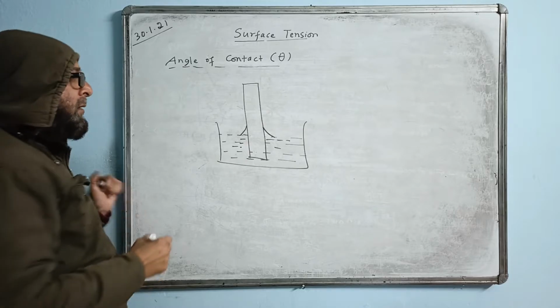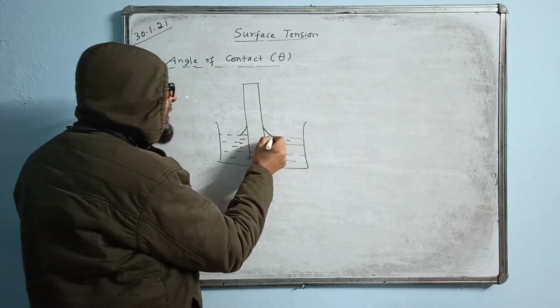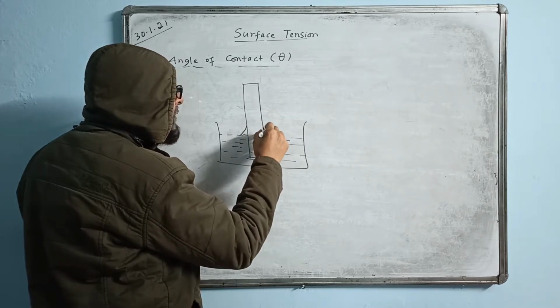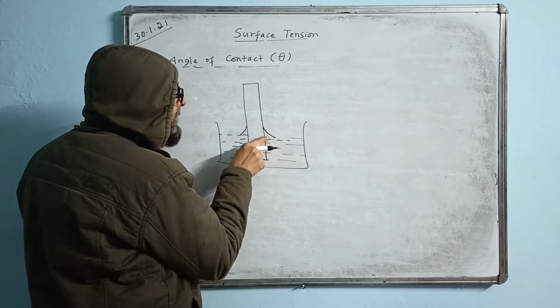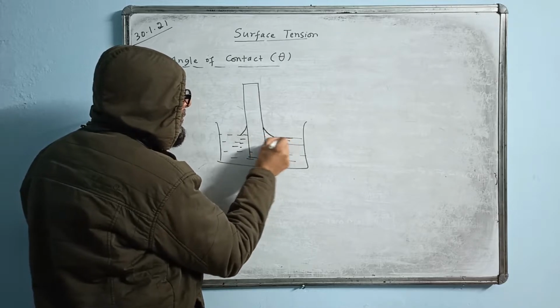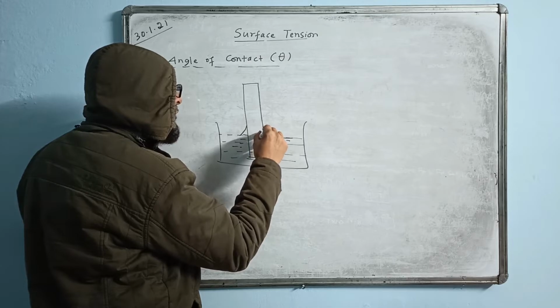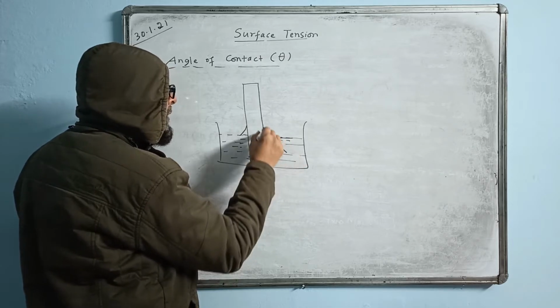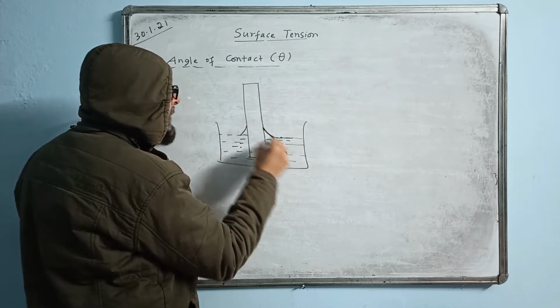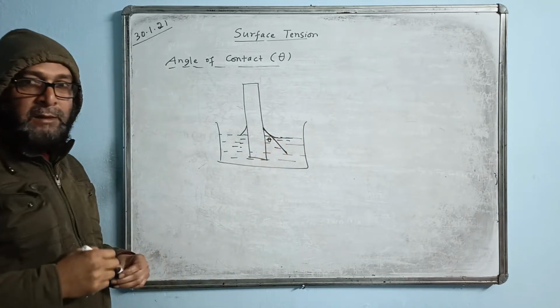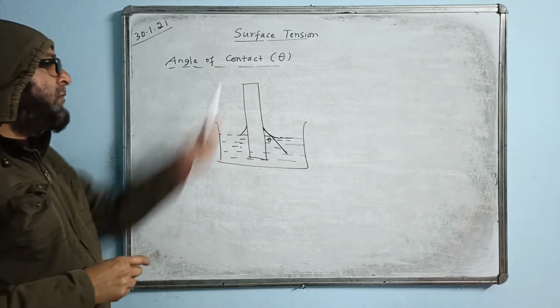So what is the angle of contact? It is the angle between the solid and the tangent plane drawn on the liquid surface. This angle is called theta, or the angle of contact.